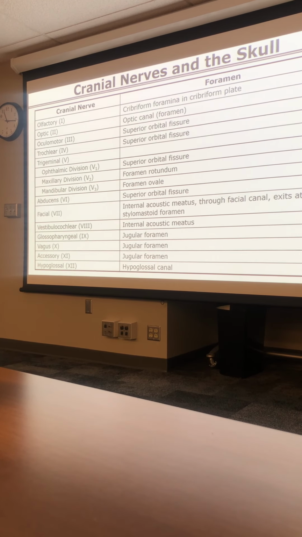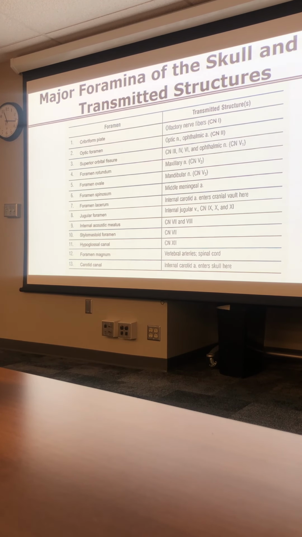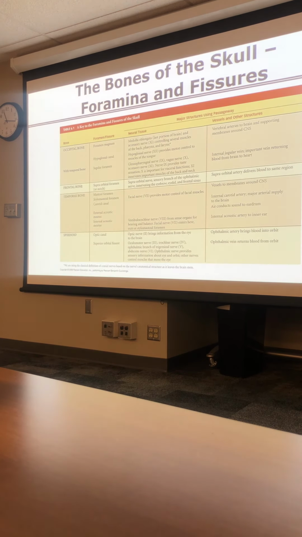So if you didn't notice, we actually went through all the cranial nerves and talked about how they got out of the skull. This is actually how they got out of the skull. These are the foramina that they're going to utilize. So this is helpful when filling out the chart in the back of the book. The last slides are going to basically just be tables that talk about everything that we talked about today.